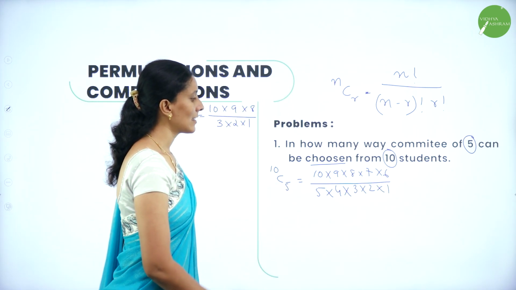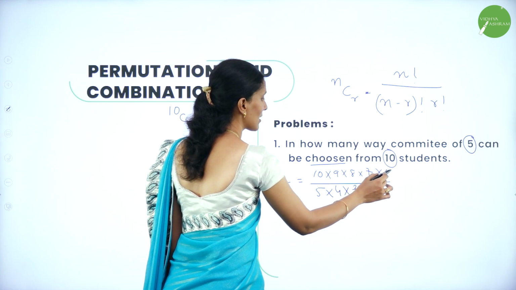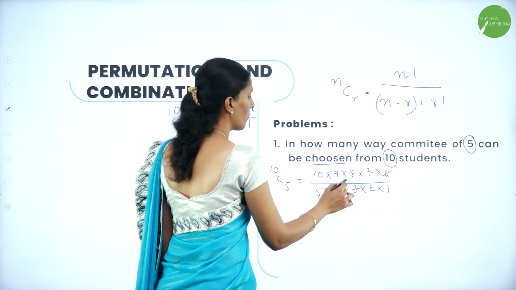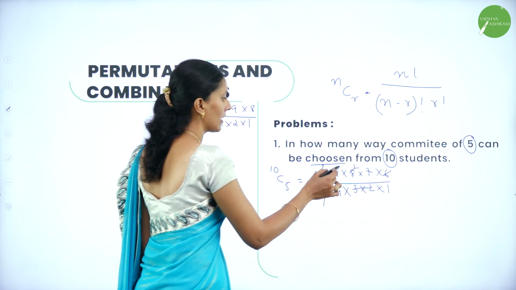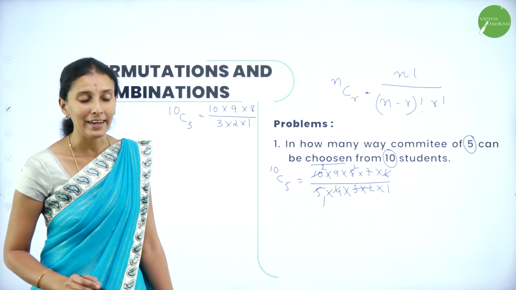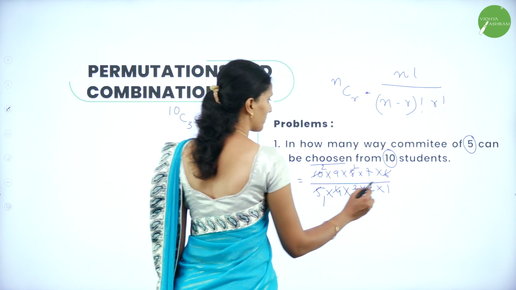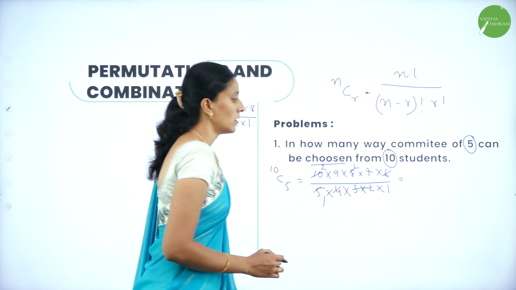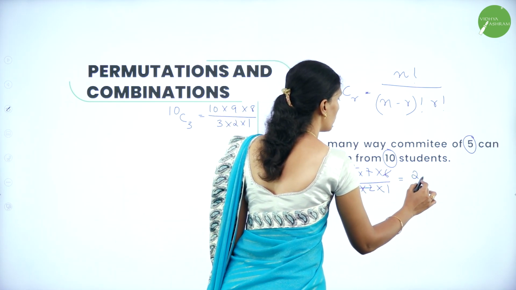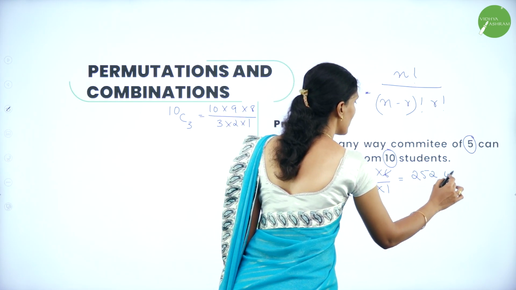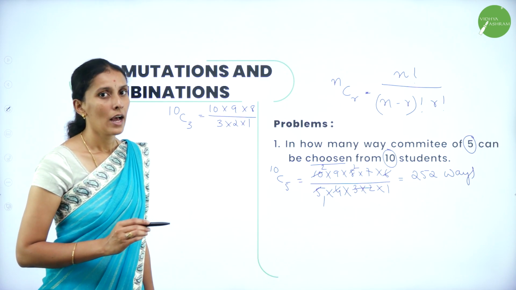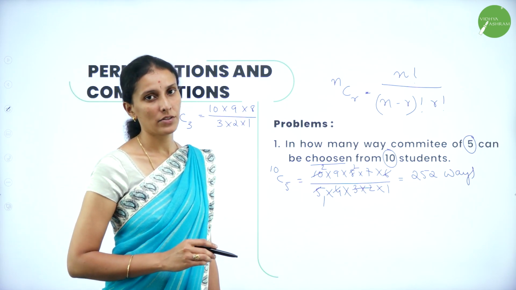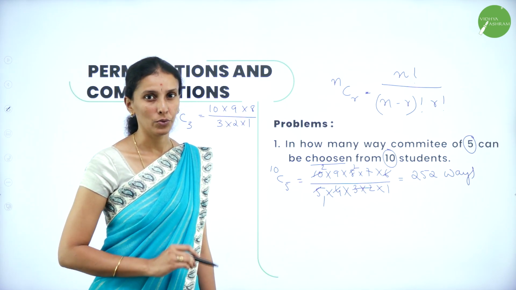So you can cancel it. 3 twos are 6, 6 gets cancelled; 4 twos are 8, 2 gets cancelled; 5 twos are 10, 10 gets cancelled. So when you multiply it, the result will be 252 ways. This is the number of ways you can choose any 5 students out of 10 students.